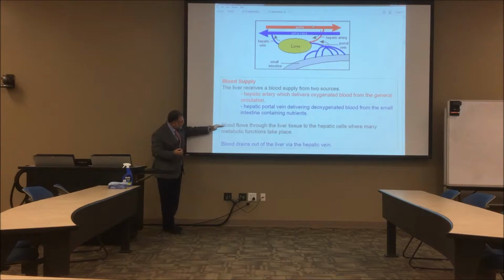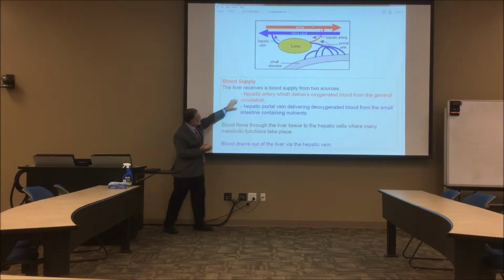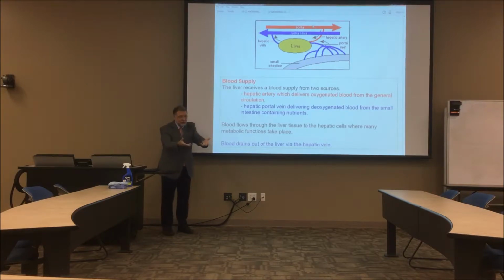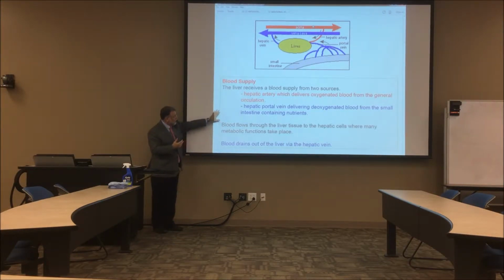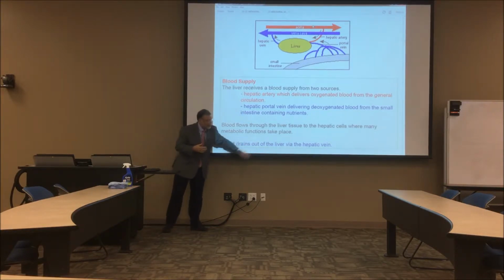That blood goes through the liver tissue, through the hepatic cells, and that's where the metabolic functions take place. Once they've done everything here, delivering the nutrients and carrying out the metabolic processes, the blood goes out through the hepatic vein.